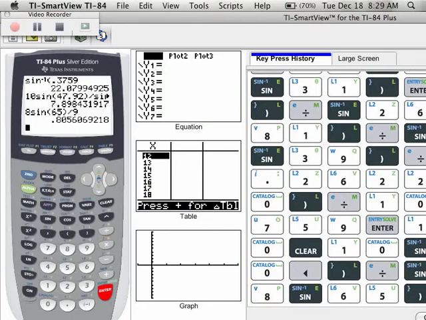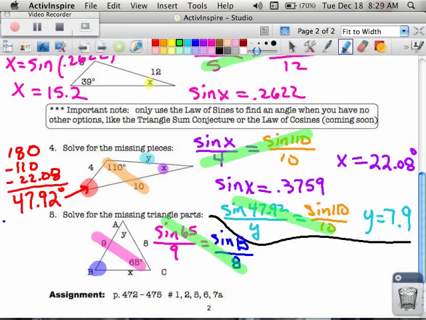And I get 0.8056. And that's equal to the sine of B.